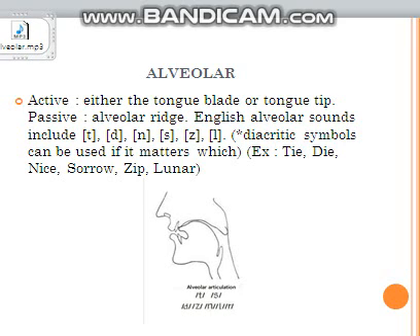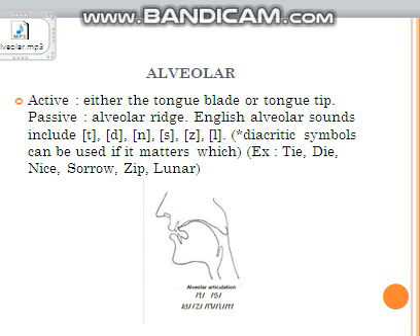Well, okay, and now it's my turn. I'm Fatimah Laza, and I'm in charge of explaining the next material. Now we have alveolar, and the active part of alveolar is either the tongue blade or tongue tip, which is basically the most front part of your tongue.